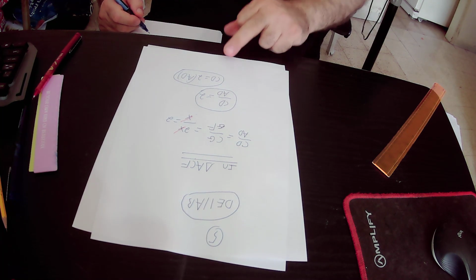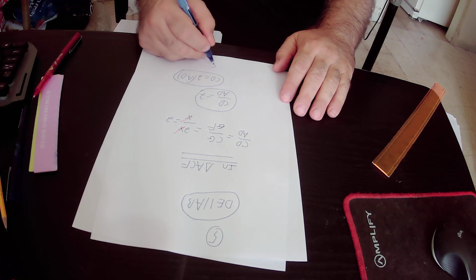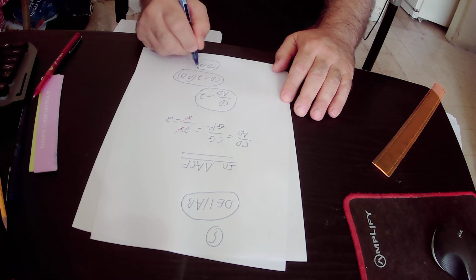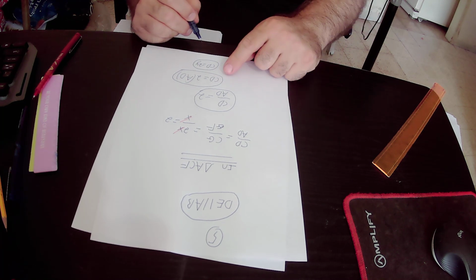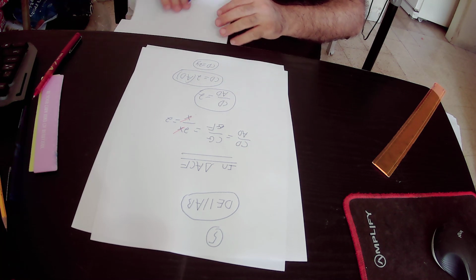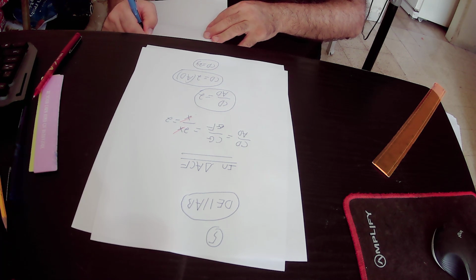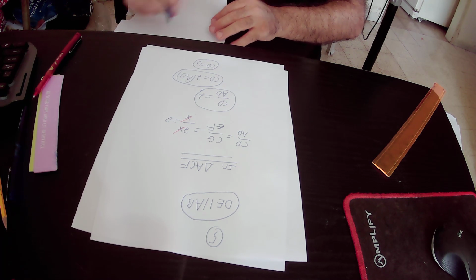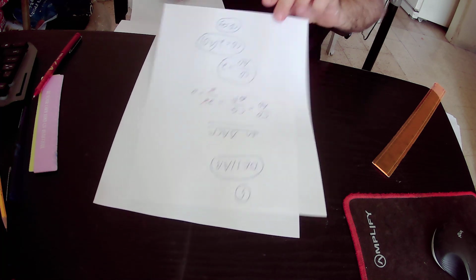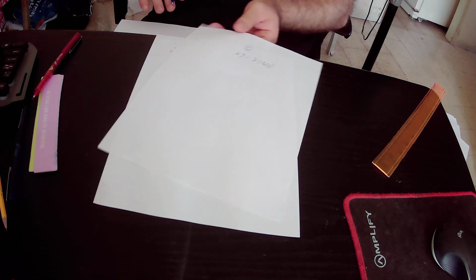And if we define CD as 2y, then we can substitute the value of CD by 2y, and we will get that 2y equals 2 times AD.